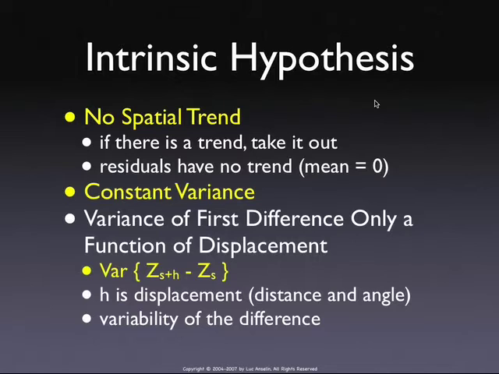It's actually less restrictive than working with covariances, as we'll see in a few minutes. So all we're assuming now is that there is no spatial trend, so constant mean. The variance is constant. And then we're assuming something about how variables co-vary with different locations.